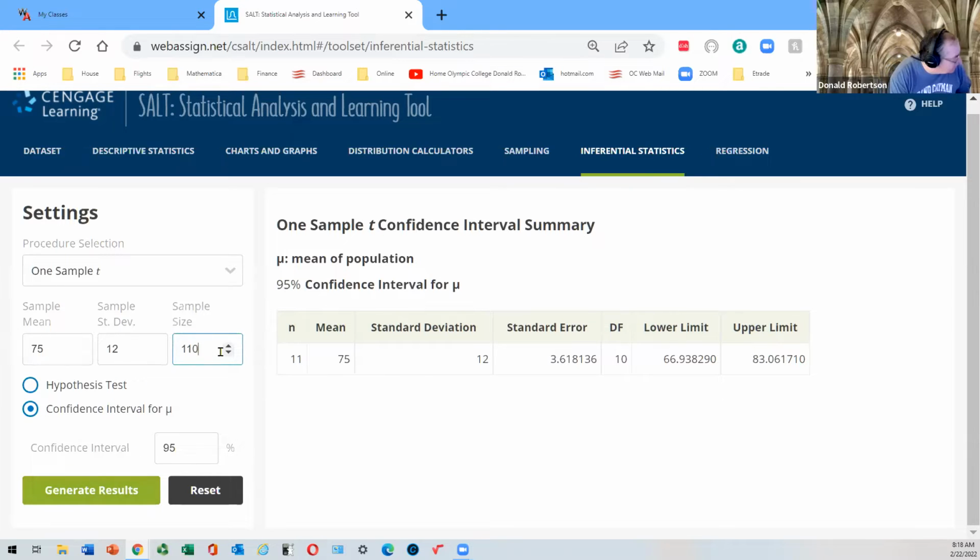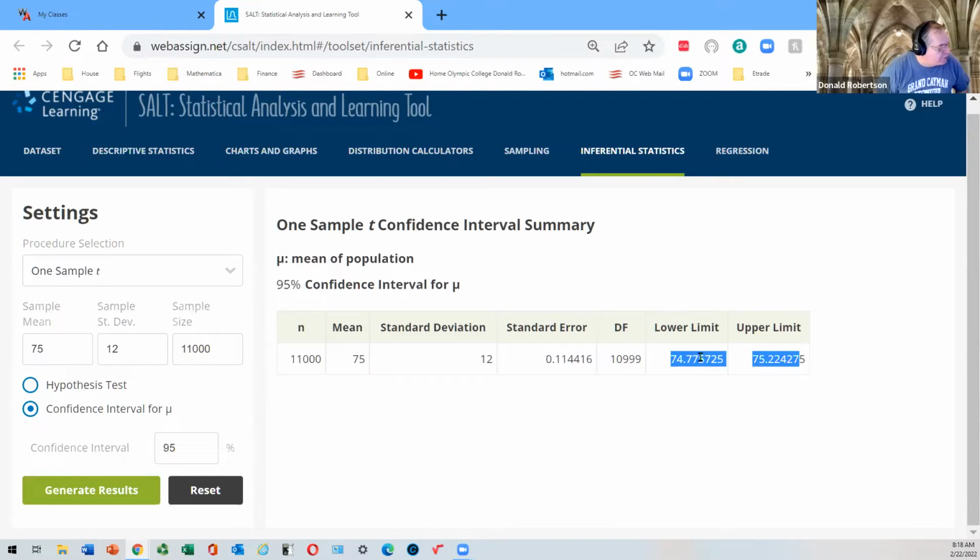And when your sample size is huge, it only does 1. In fact, if you had 11,000 things in your sample, you're pretty sure within about half a unit where the right answer is. So as you increase sample size, you're shrinking the confidence interval down to a point where you're pretty much going to guarantee that you know the answer to what the mean is.